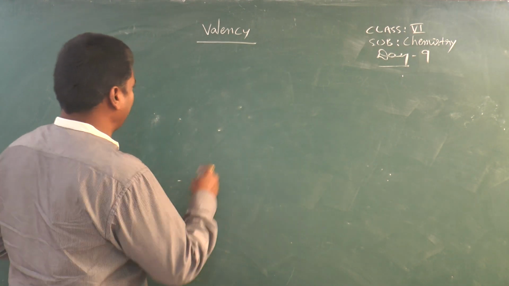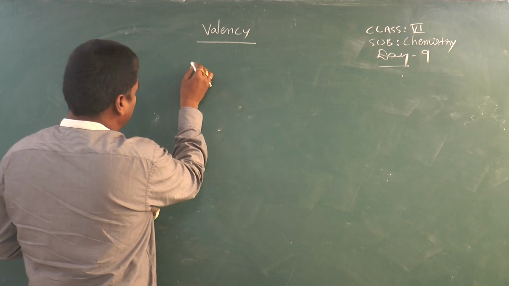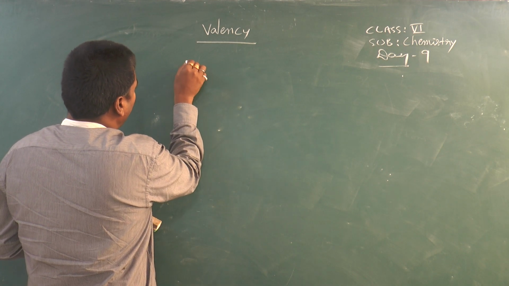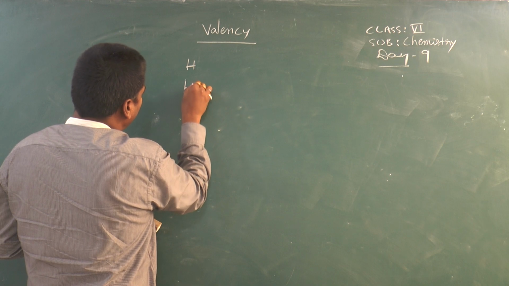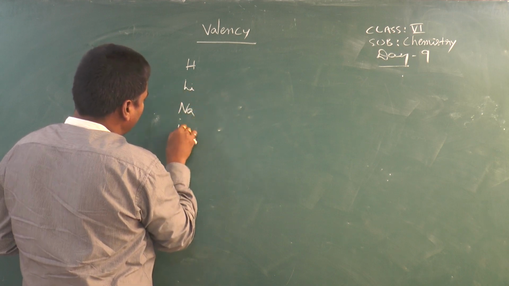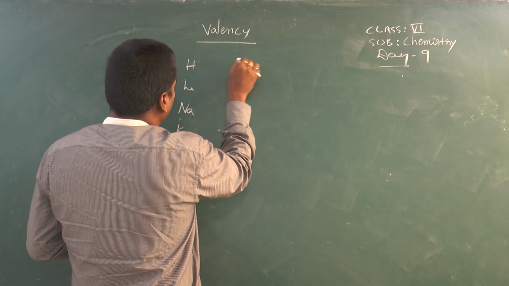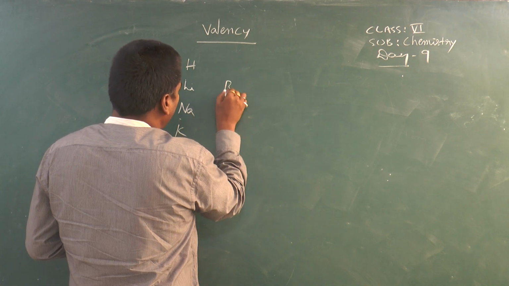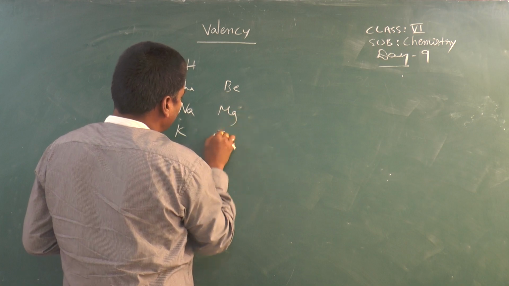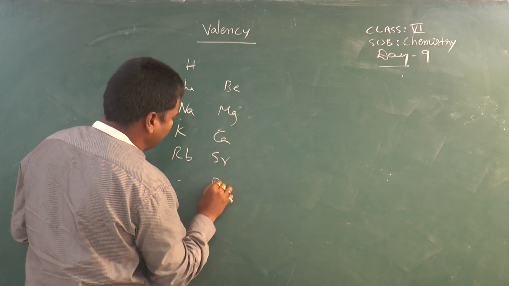Now for a few elements, let's see the valency. Take hydrogen, lithium, sodium, potassium, rubidium. Then beryllium, magnesium, calcium, strontium, barium.